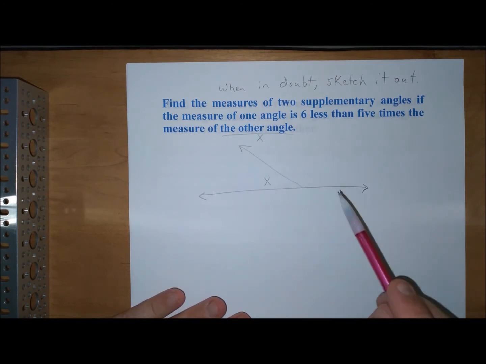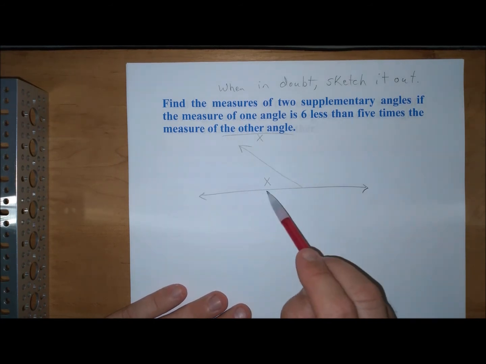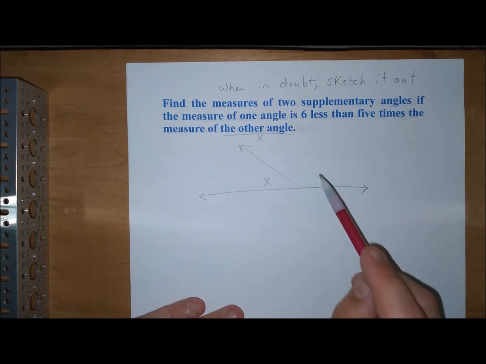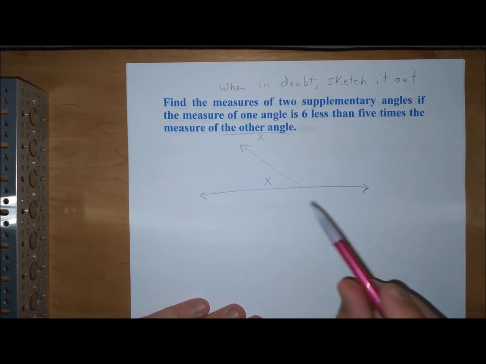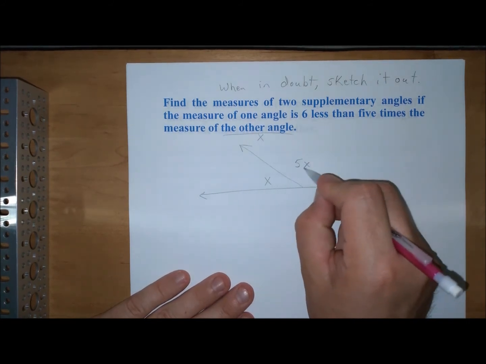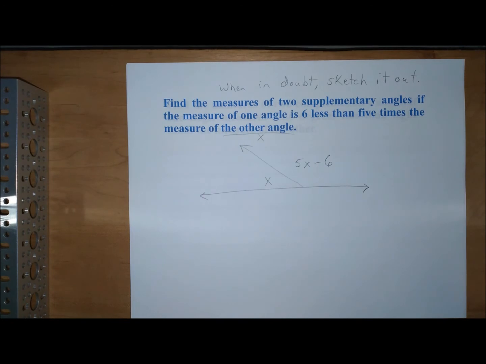The measure of one angle is 6 less than 5 times the measure of the other angle. If this is the other angle and it's x, could I come up with an expression that represents the measure of this angle? They're saying that this angle is 6 less than 5 times the measure of the other angle. That sounds like 5x minus 6. Good. Okay, there's our diagram.